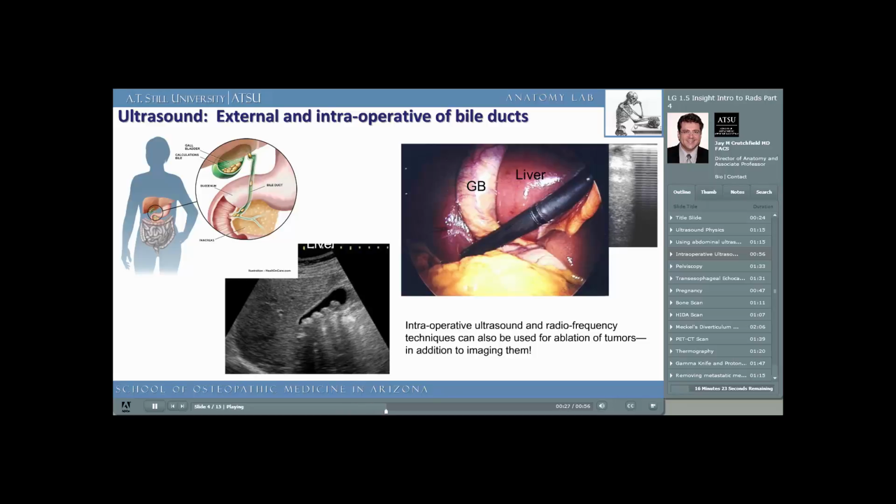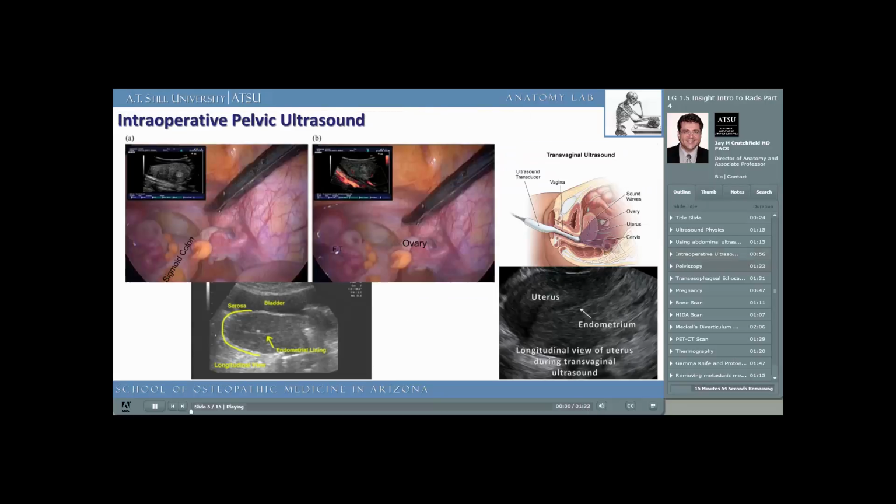The middle lower image shows gallstones within the gallbladder. Notice how the ultrasound beam causes a shadow as it passes through the gallstones. The relevant anatomy is reviewed in the image located in the upper left. Interestingly, intraoperative ultrasound and radiofrequency techniques can also be used not only to find tumors, but to ablate them intraoperatively. The technology is almost endless for ultrasound.